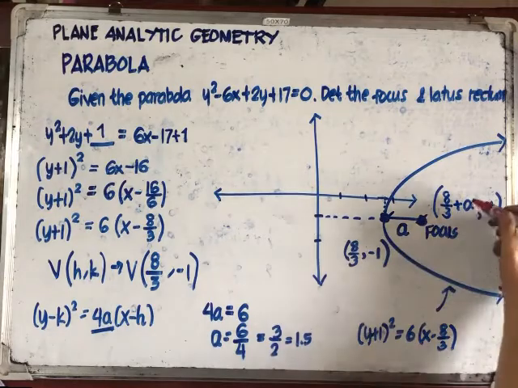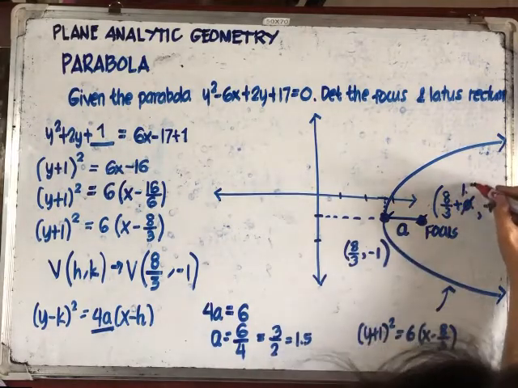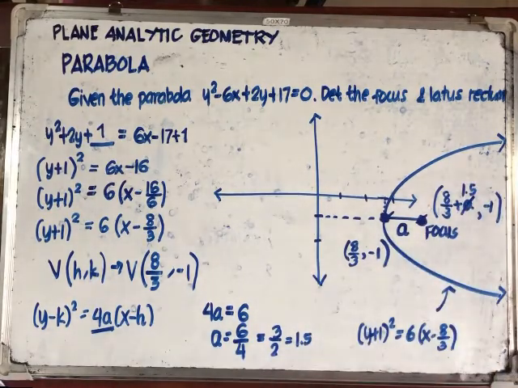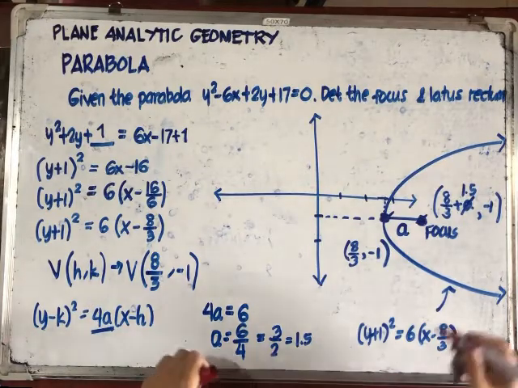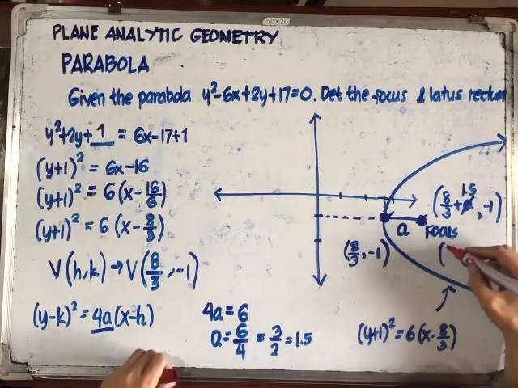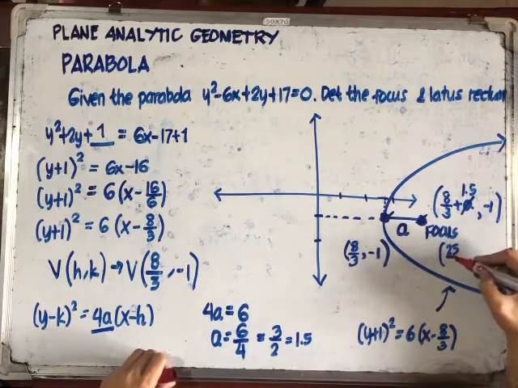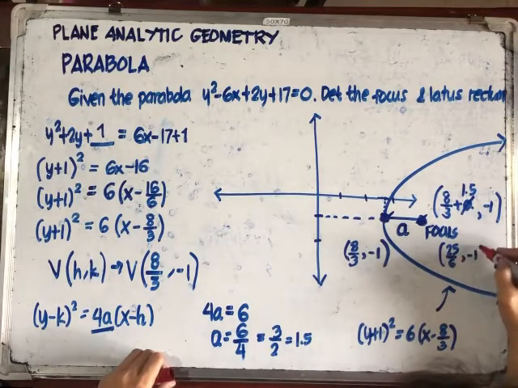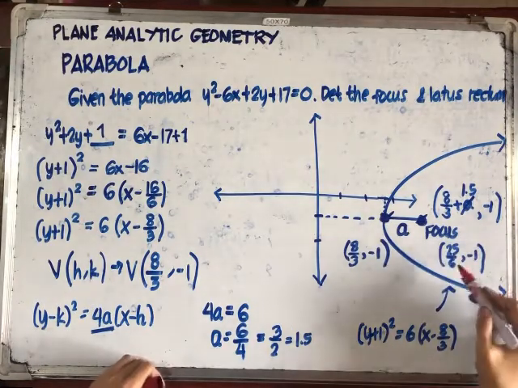So, basically, that is 8/3 plus our 1.5 na distance. So, i-add lang natin si 8/3 plus 1.5 natin. That would give us 25 over 6. So, your focus is at 25 over 6, comma, -1.